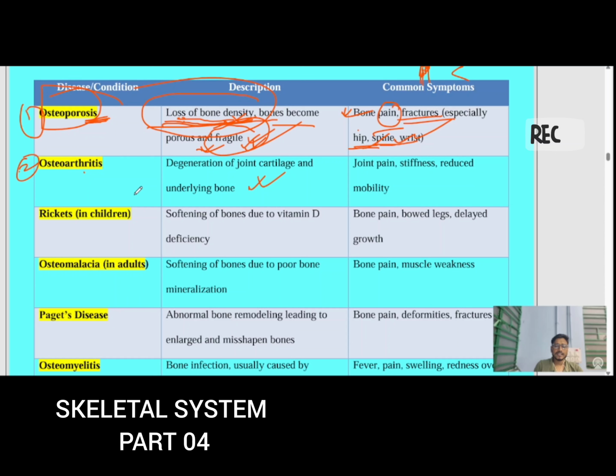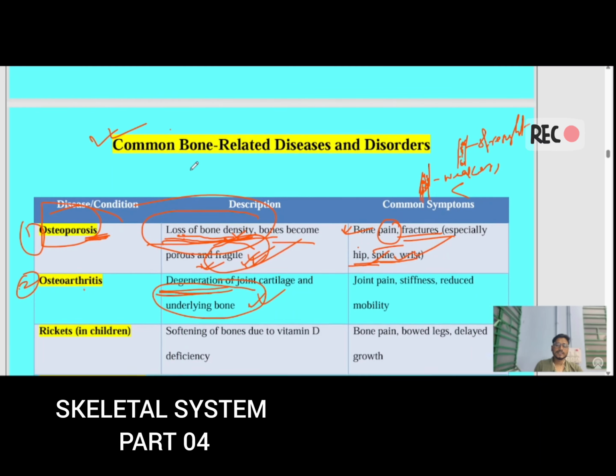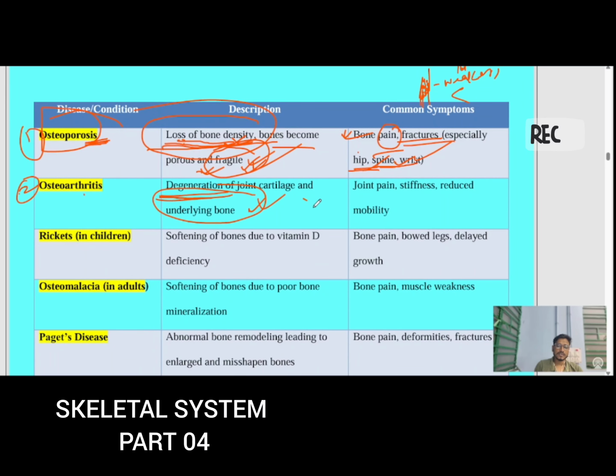Osteoarthritis is the degeneration of joint, cartilage and underlying bone. In my previous lectures, if you carefully observed, we read about one type of cartilage that helps to absorb shock and reduce friction.